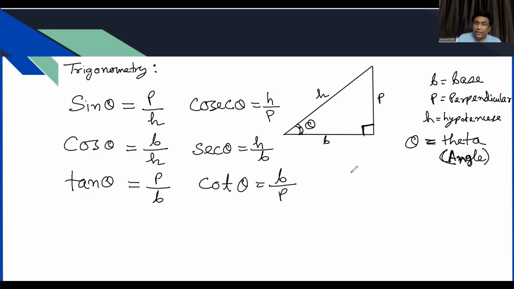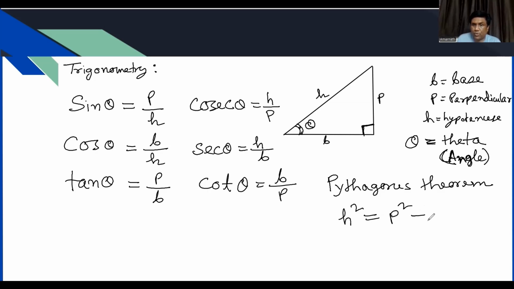For a right angled triangle, remember there is the Pythagoras theorem, which says hypotenuse square is always equal to perpendicular square plus base square. Always, for a right angled triangle.